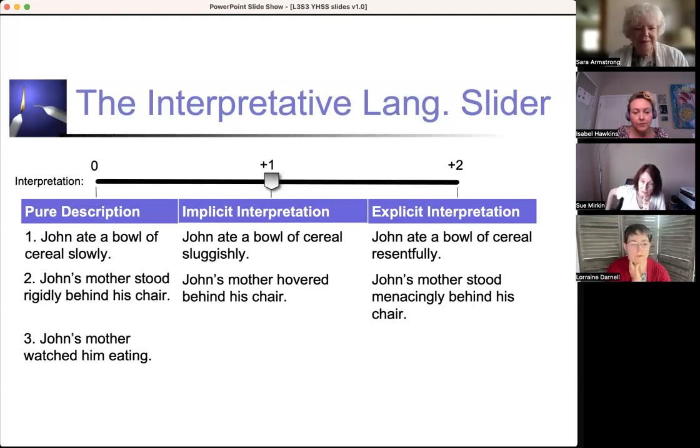Take a stab. Again, we're not caring about right answers, we're caring about noticing the differences. Well, you gave us John's mother scrutinized his. Good. So give me another one that's sort of in that end of things.